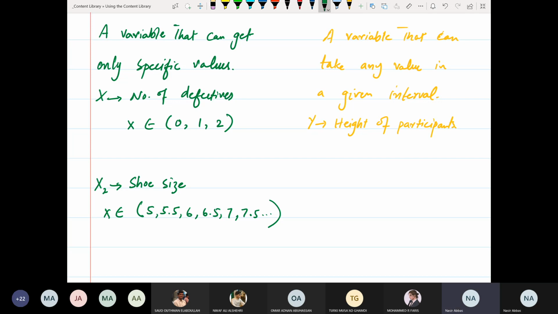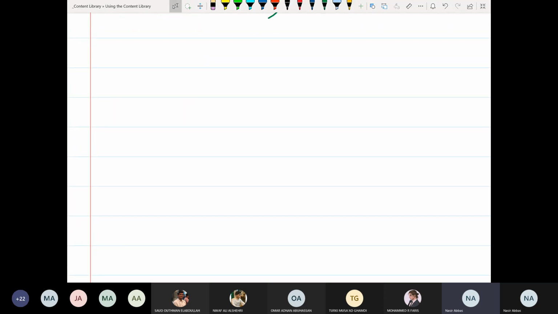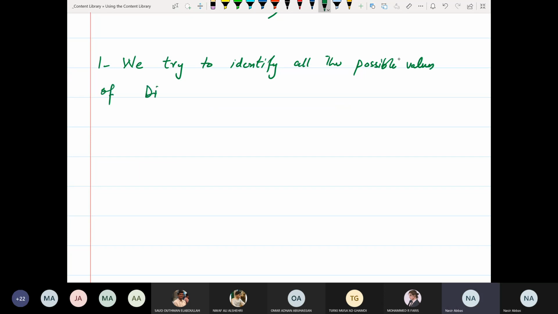OK, now in the remaining 25 minutes of the class, I'll quickly talk about the discrete random variables. Once you define the discrete random variable, what is the next step? We study the discrete random variable. And how do we study it? Number one, we try to identify all the possible values of the discrete random variable.